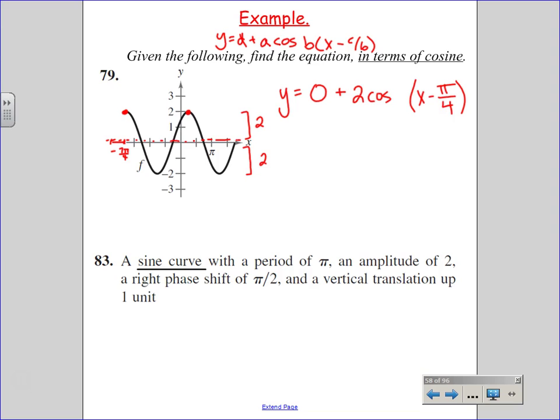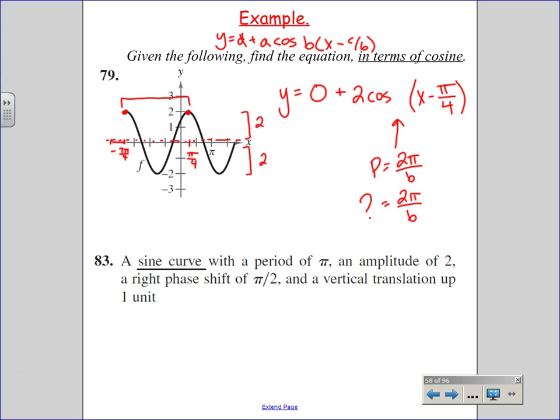And now you need to think about period. That's not what goes in this spot. This spot is B. But doesn't B come from the period? Because the period equals 2 pi over B. So if I'm able to find the period, then I could find B. So my question is, how far from beginning to end? Well, we just said this is pi over 4-ish, right? Couldn't we count by pi over 2s, the tick marks?